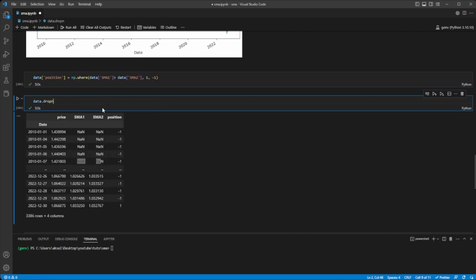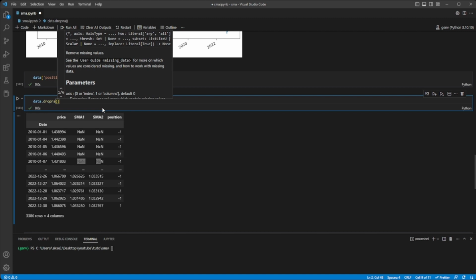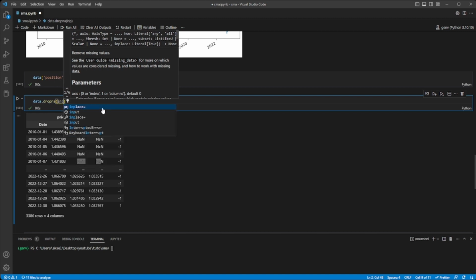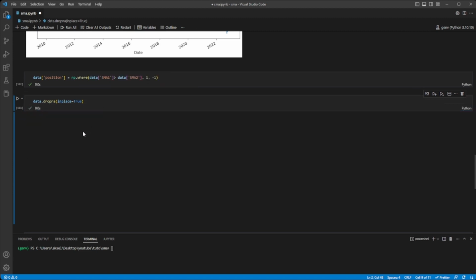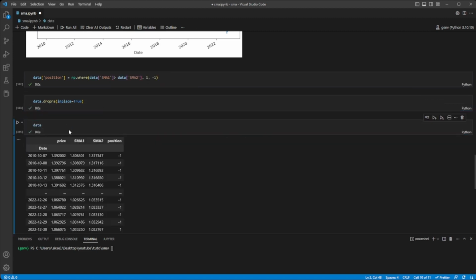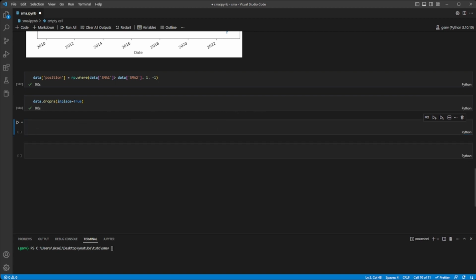So we're gonna use the dropna pandas function and inplace equals True. So we drop that data for a cleaner data frame. And now as we implemented our rule, let's plot our signal.